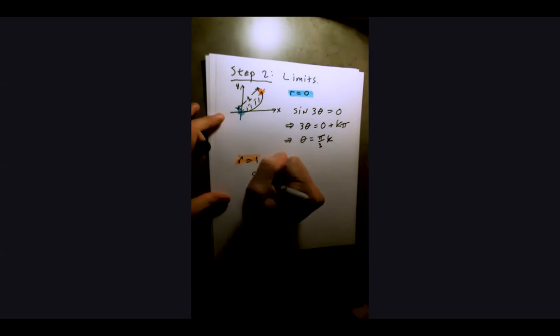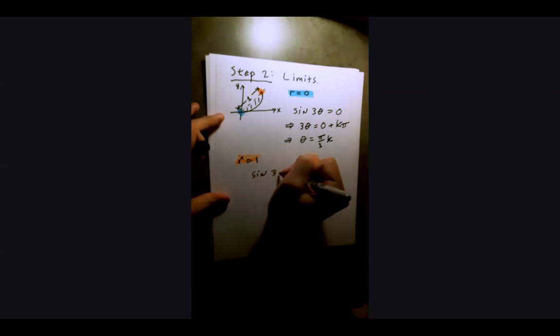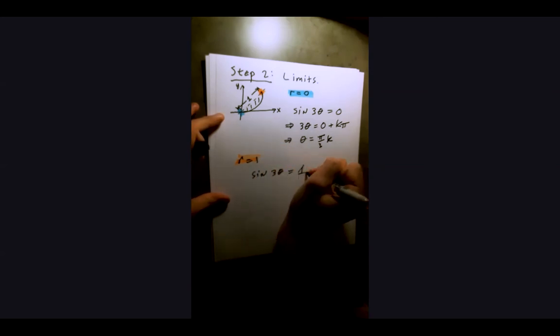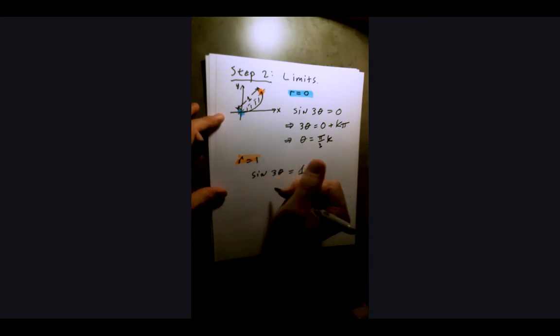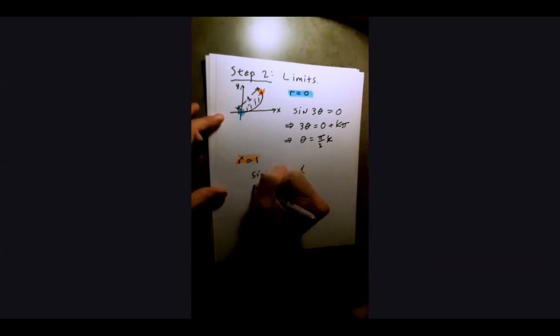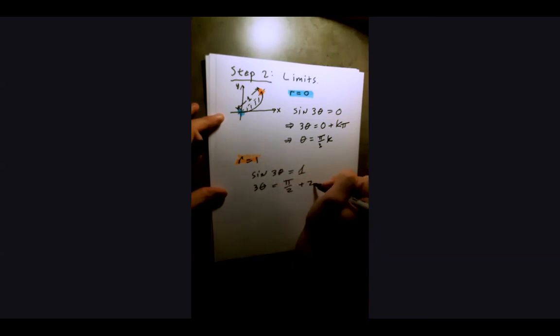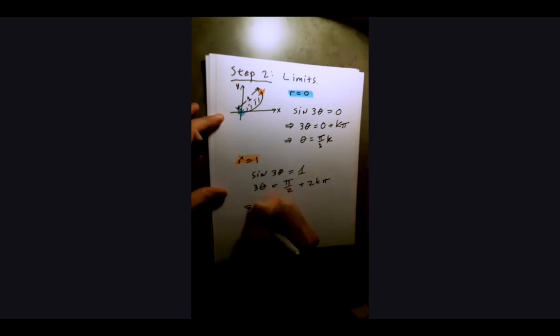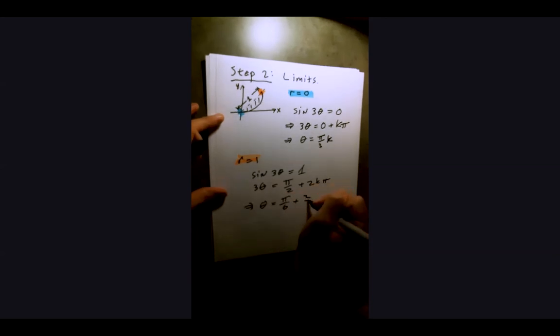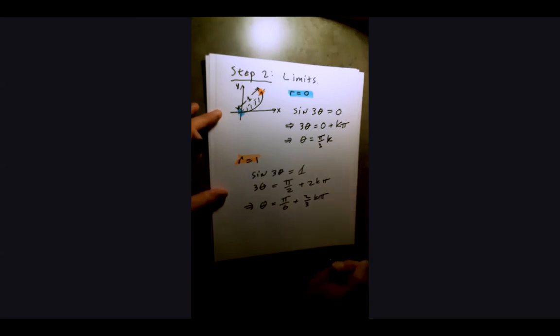So we have sine 3 theta equals 1, which would tell us that 3 theta would equal pi over 2 plus 2k pi, or theta is equal to pi over 6 plus 2/3 k pi.